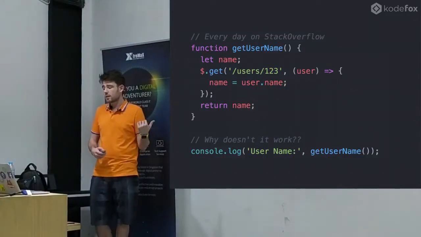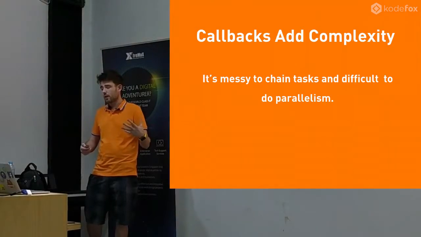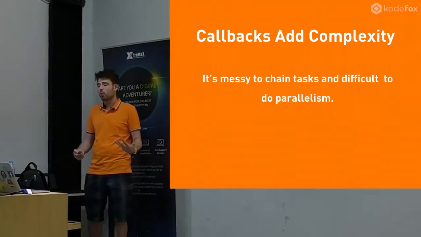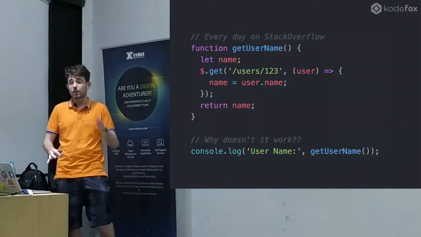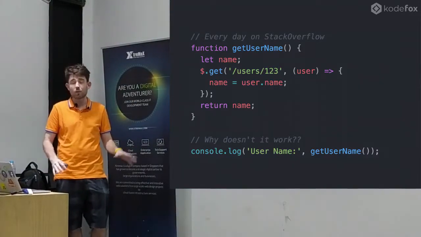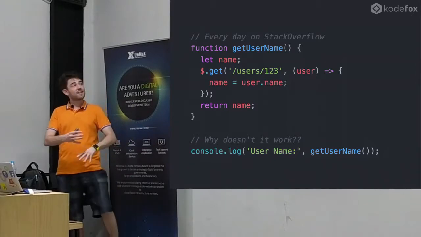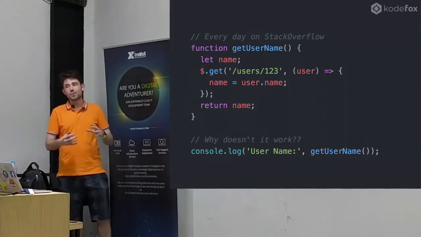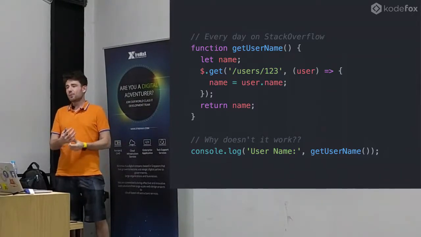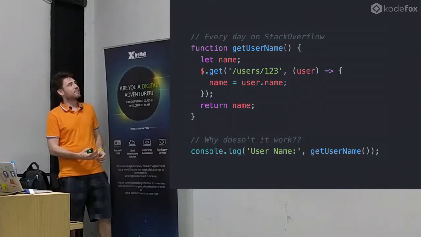So this is an example of the first one, giving up the constructs that programmers are familiar with, right? This is your typical example. Every day on Stack Overflow, somebody asks, what's wrong with this code, right? Can anybody see why this code will not do what the programmer expects?